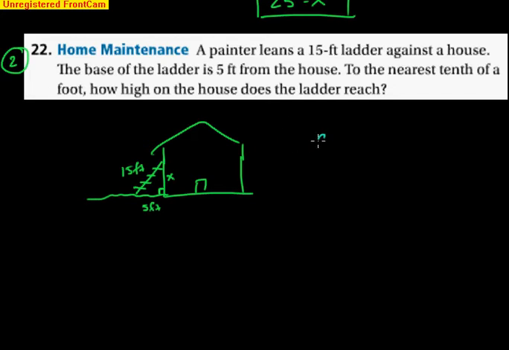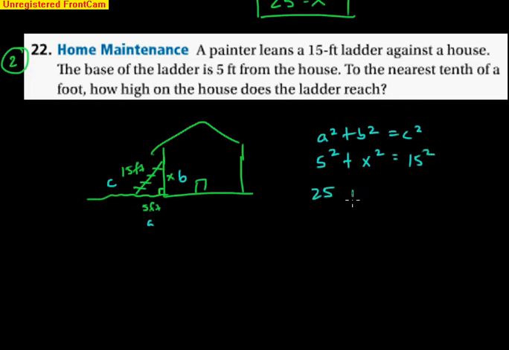A squared plus b squared equals c squared. The hypotenuse is c, that's 15. A and b don't matter, so let a be 5, b be x. So 5 squared plus x squared equals 15 squared.